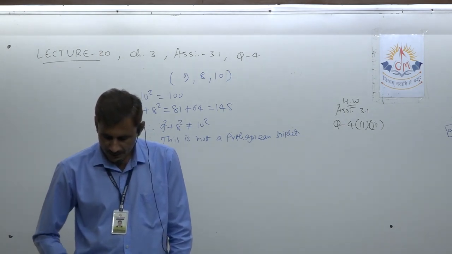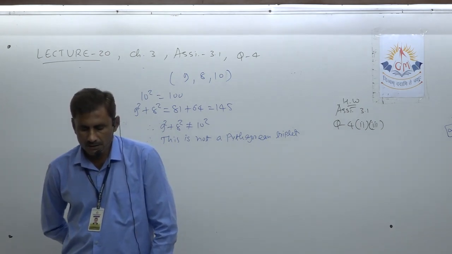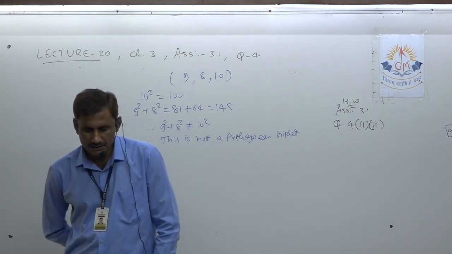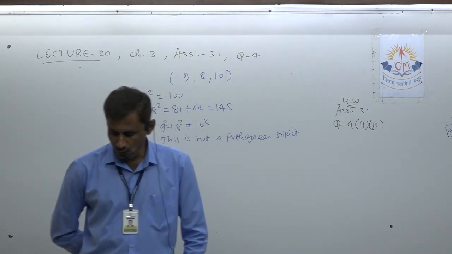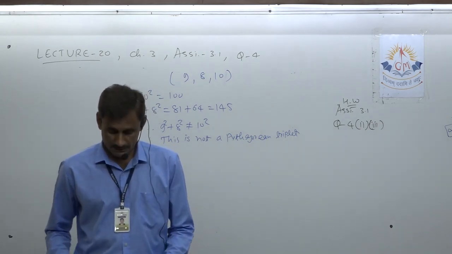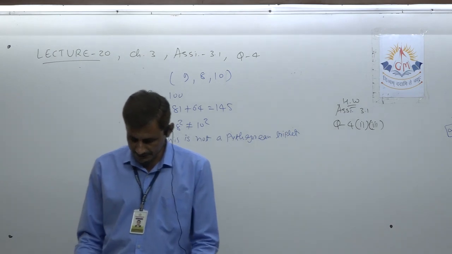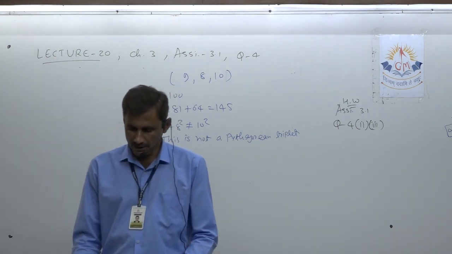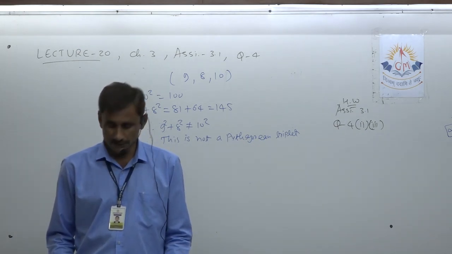Okay. Now, number 5. Express each of the following perfect squares as a sum of odd numbers. First of all, I tell you any perfect square number can be denoted as a sum of odd numbers.